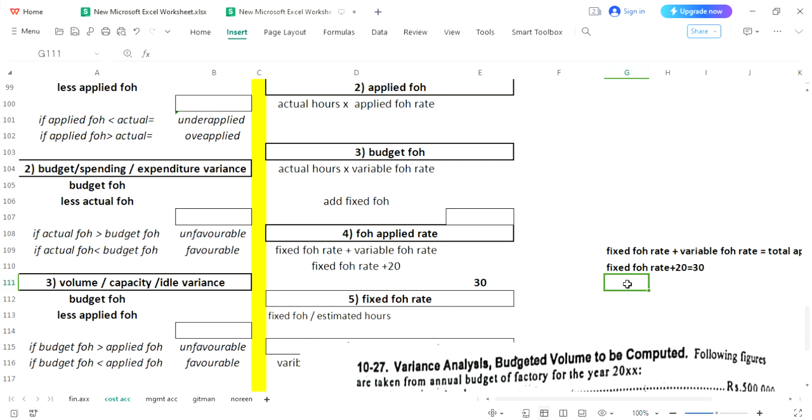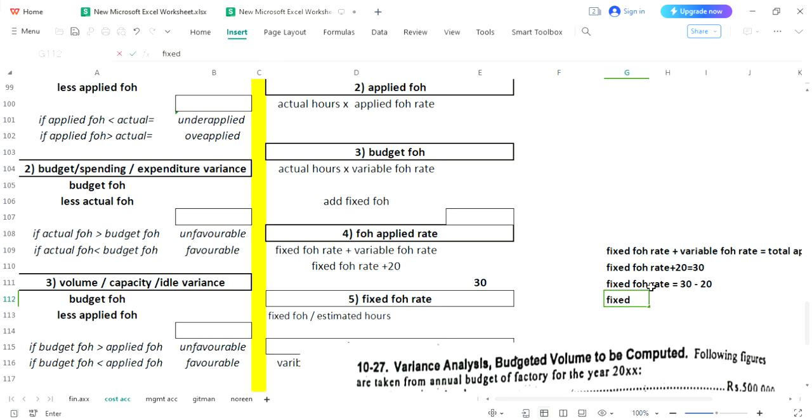So it means here just fixed FH will remain, is equal to 30, which was already present on the right side of the equals sign, and then you have taken 20 from left to right. 20 was added over here, so you subtract it on the other side. In this way, your fixed FH rate can be calculated.